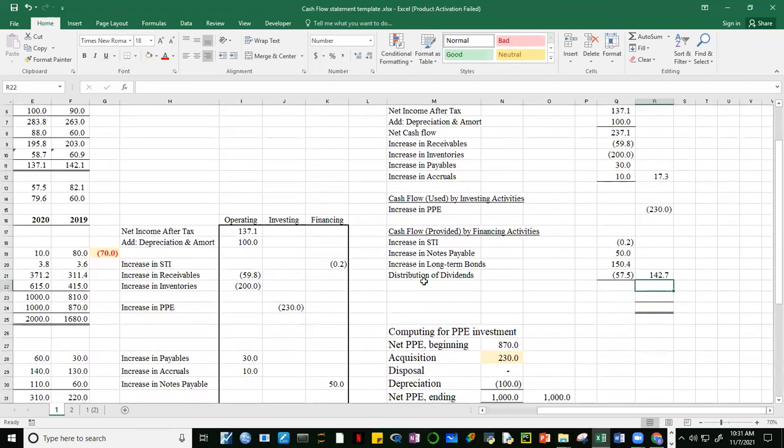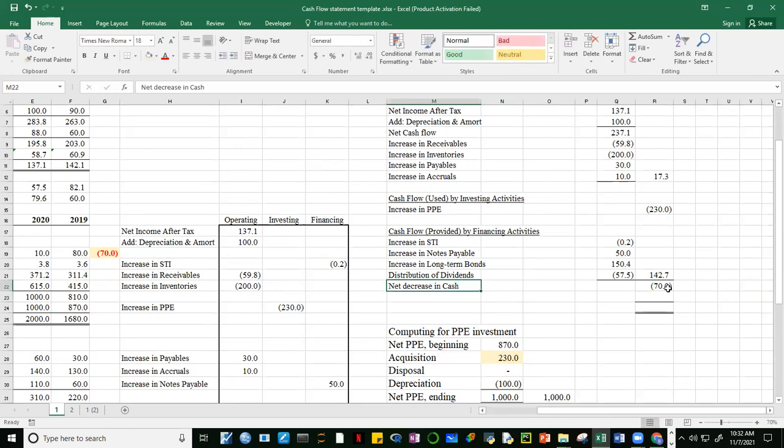So we add this. Sum of this. Okay, so there's where the 70 came from. So this is the net decrease in cash.